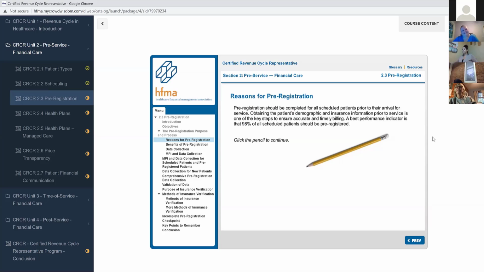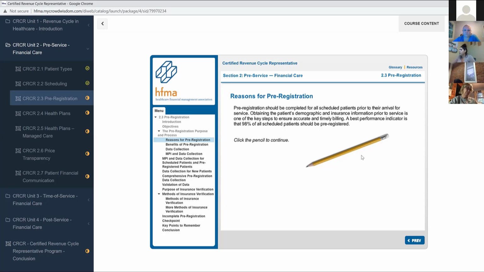Okay. Obtaining the patient's demographic and insurance information prior to service is one of the key steps to ensure accurate and timely billing. Best performance indicator is that 98% of all scheduled patients should be pre-registered. Click the little pencil.